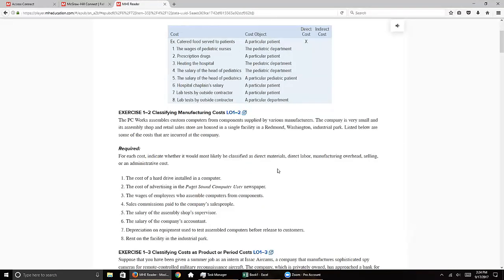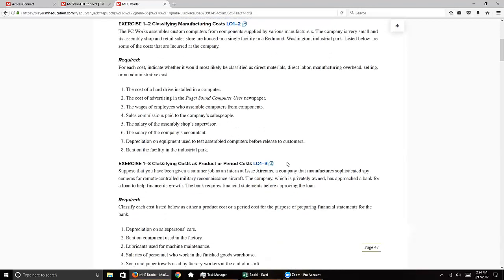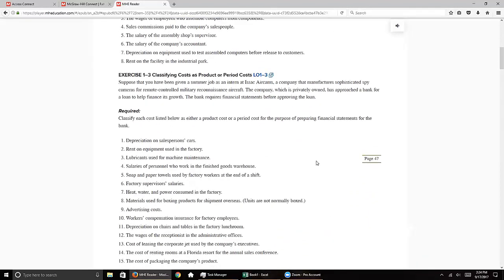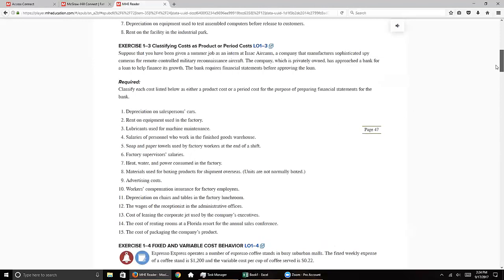Going once. I'm good. We can move on. So I'll scroll through Chapter 1 exercises here to see if there's anything else that sparks any discussion for us.